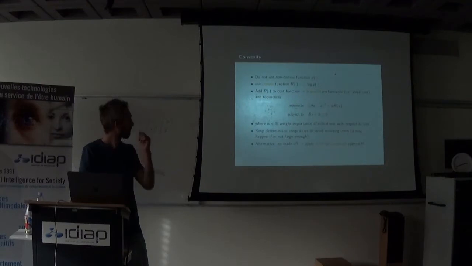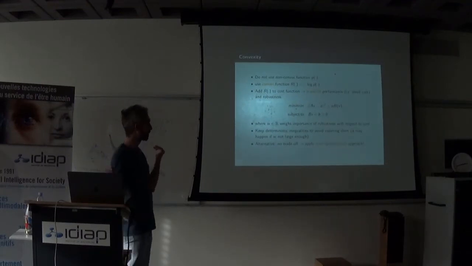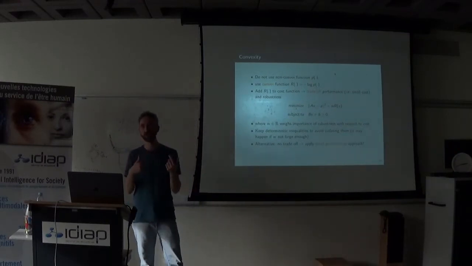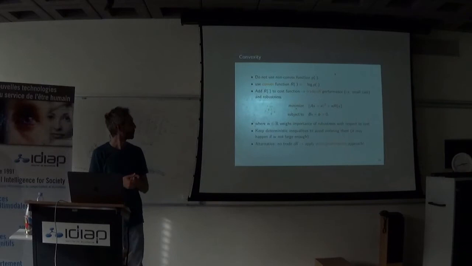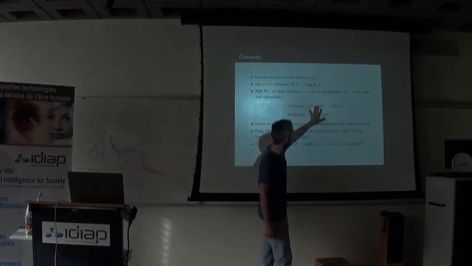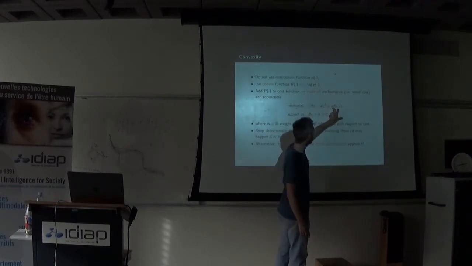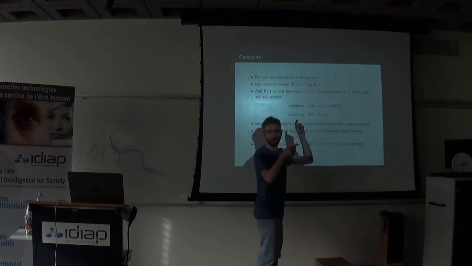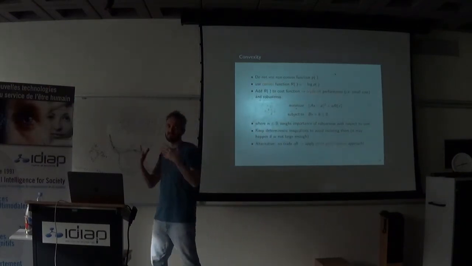Another alternative, which we didn't explore, would be to use a prioritization approach. So you could try to first minimize this and then minimize this subject to the constraint of keeping this fixed, or the other way around.